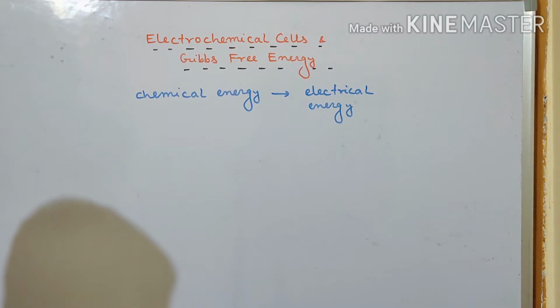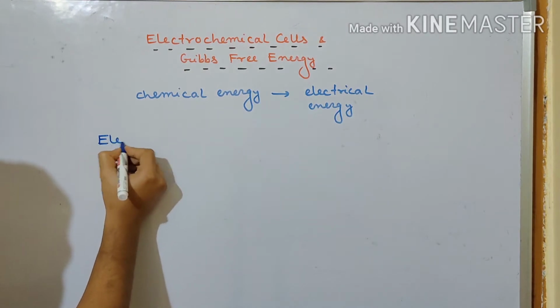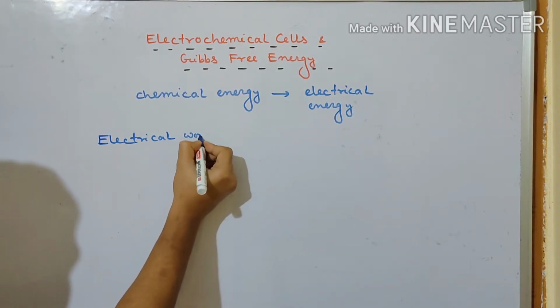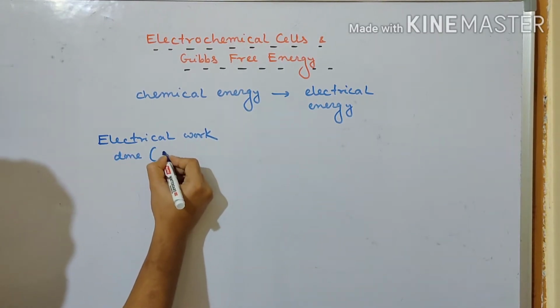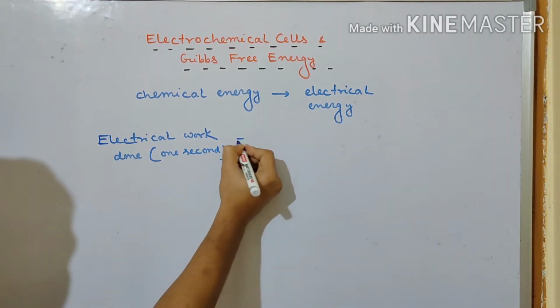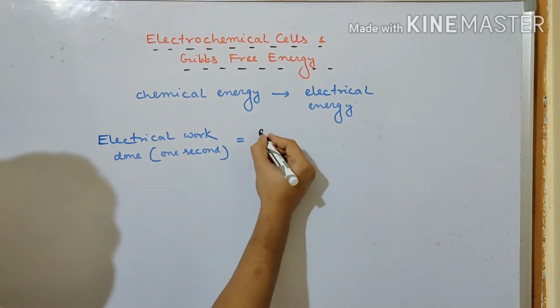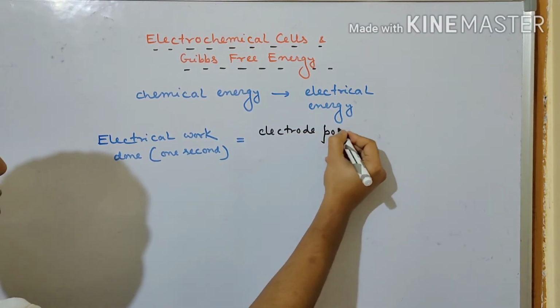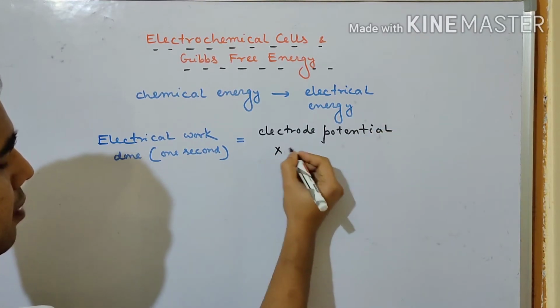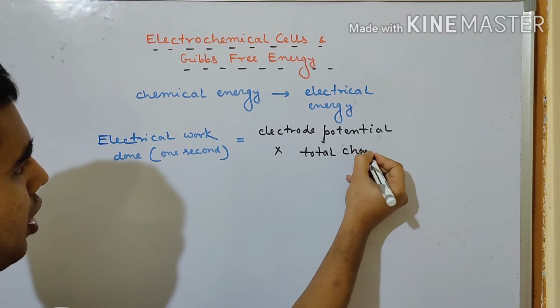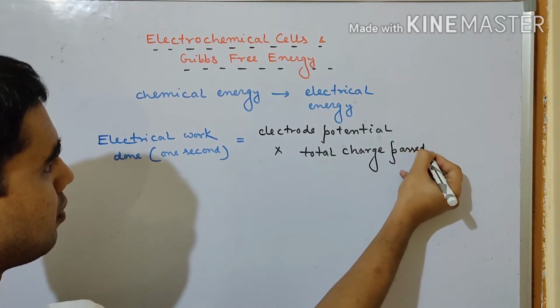Electrical work done in 1 second is equal to the electrode potential multiplied by the total charge passed.